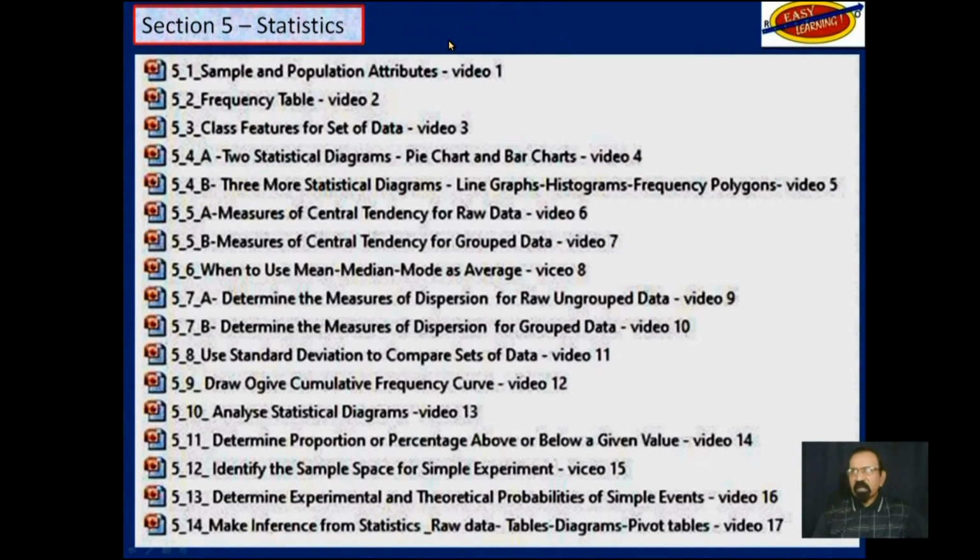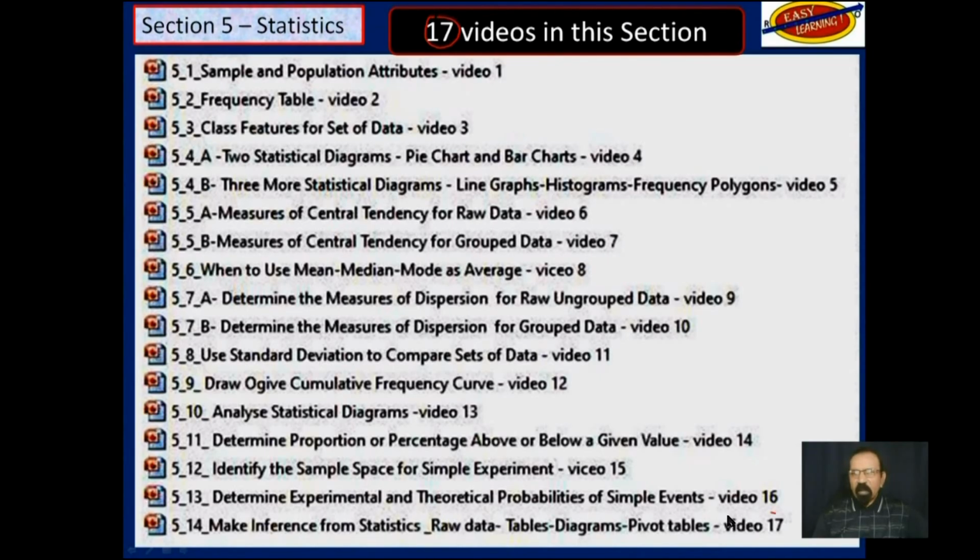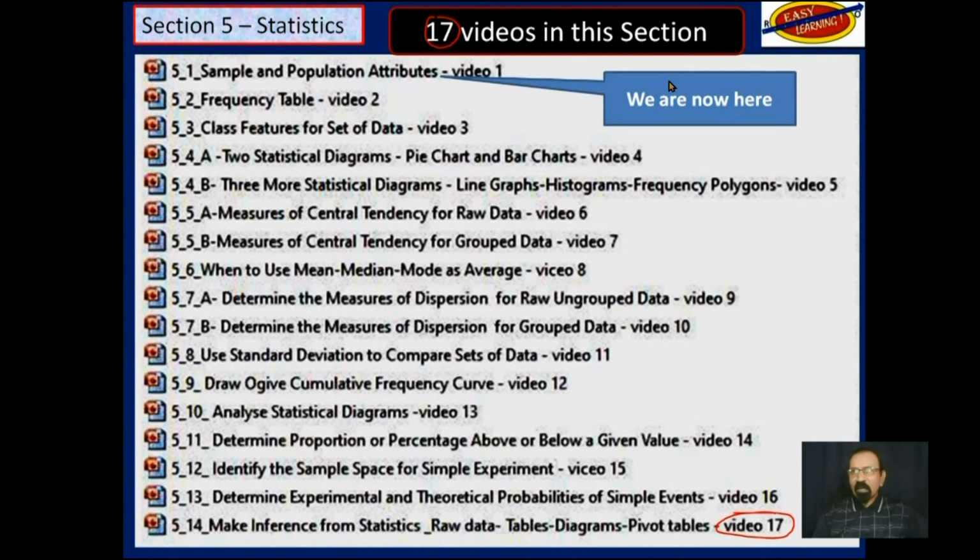Those 14 objectives have been divided into 17 videos because 1 or 2 objectives would take more than 1 video. So we have 17 videos from this section. We are now at video 1, objective 5.1, sample and population attributes.